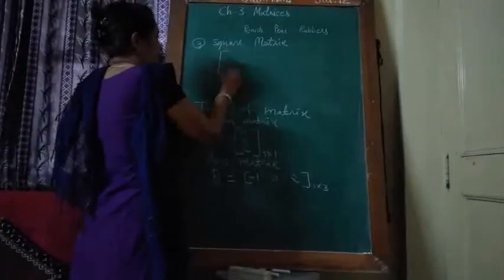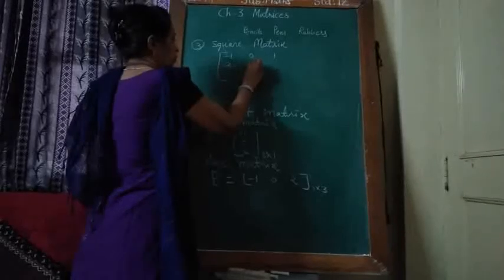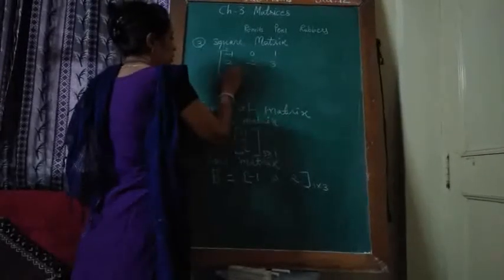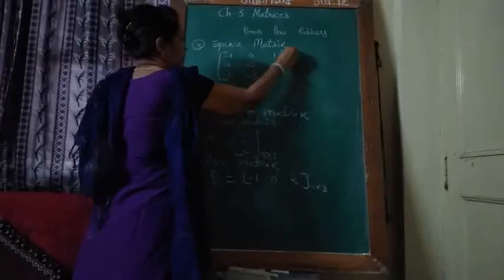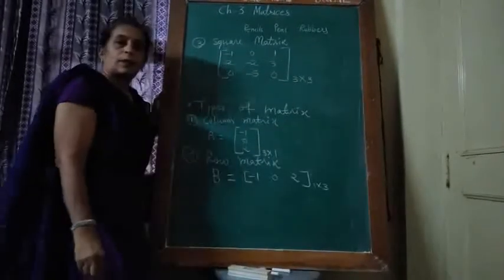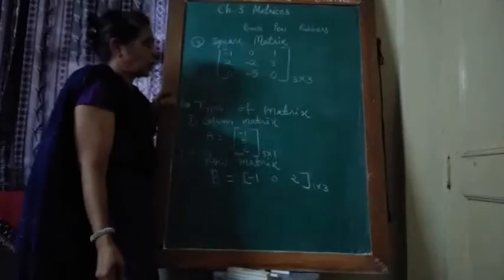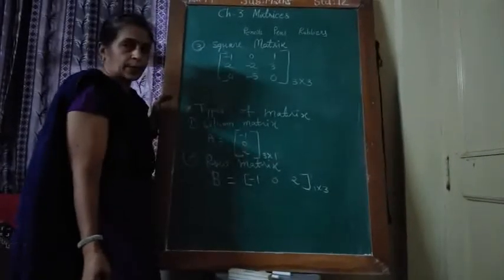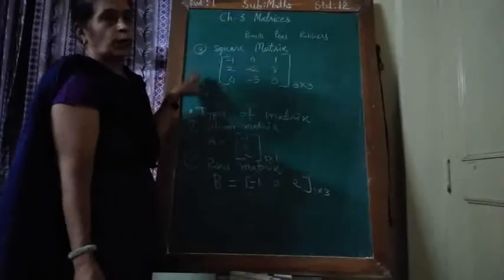Suppose I write a 3 cross 3 matrix, say 2, minus 2, 3, 4, minus 5, 0. And what is the order of this matrix? Number of rows 3 and columns are also 3. So it is a 3 cross 3 matrix.